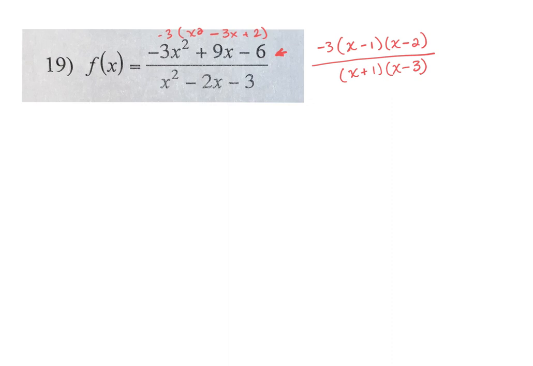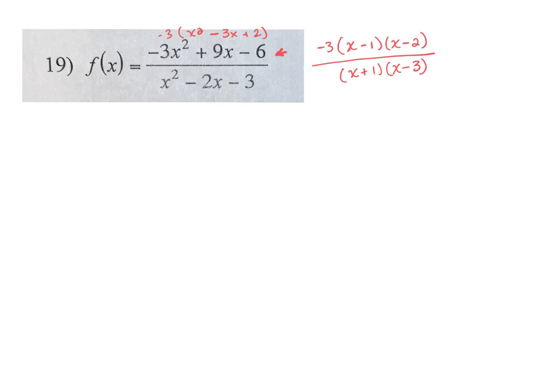Up here we have a positive, so they're going to be the same sign. Negative and negative give me a positive. 1 and 2 add up to 3, factors of 2. Here, I want it to multiply to -3 and add up to -2. So we have a -3 and a +1.